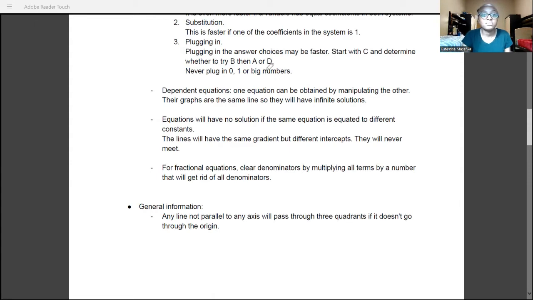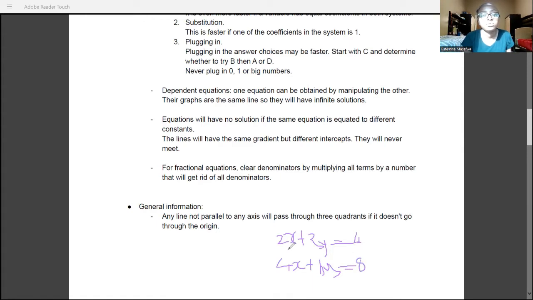When you compare those two lines, you're going to have the same line. So, okay, let's do an example. Let's say you have 2x plus 3y is equal to 4, and then you have 4x plus by, so that's our unknown, is equal to 8.